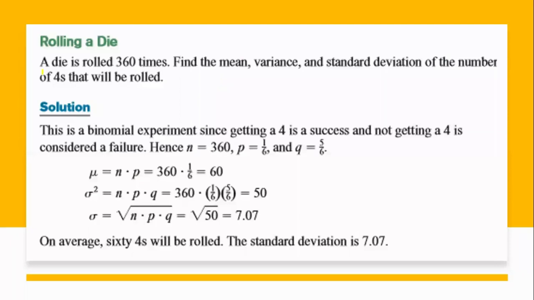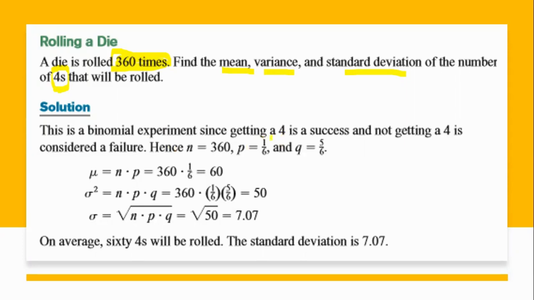Same is the case with an example of rolling a die. A die is rolled 360 times, and you know that its probability can be calculated using binomial distribution. So find the mean, variance and standard deviation of the number of 4s that will be rolled. How can you do this? You should know the probability of success and the probability of failure.